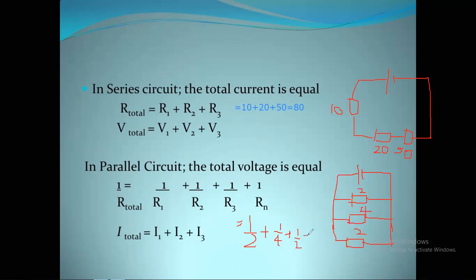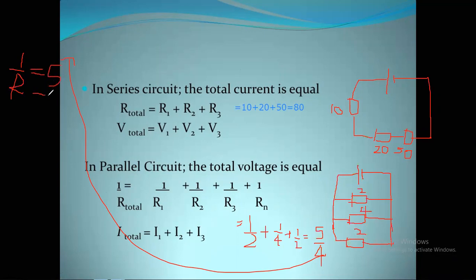Then if you simplify, this is another important point. 1 over 2 plus 1 over 2 is 1. 1 plus 1 over 4 is 5 over 4. So over here, 1 over R is 5 over 4.